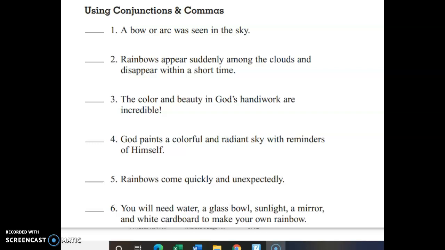Okay, then we have the compound sentence, and that's where it contains two or more simple sentences joined by a comma and the conjunction and, but, or. So in order to have a compound sentence, you have to have the comma and then the coordinating conjunction, and this is where you could use the coordinating conjunction but.